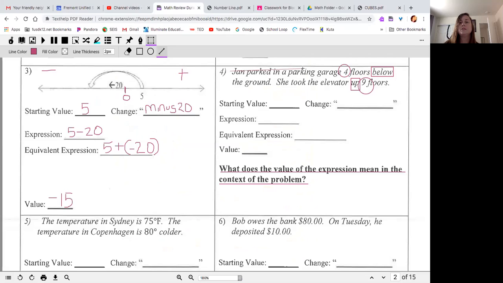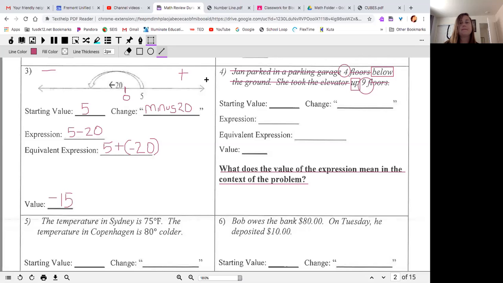Don't need to know about Jan or what she did. Floors, that's our unit of measure, but for this exercise, I'm not going to be too worried about it. So if I'm looking at my keywords, I see 4 below, up 9.